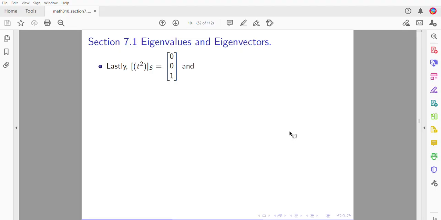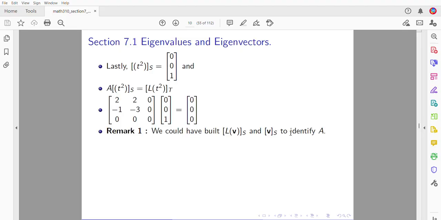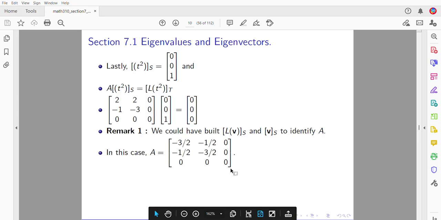Notice instead of taking two different ordered bases S and T, we could have used S and S. You get a matrix A the same way. You could have used T and T for both sides.